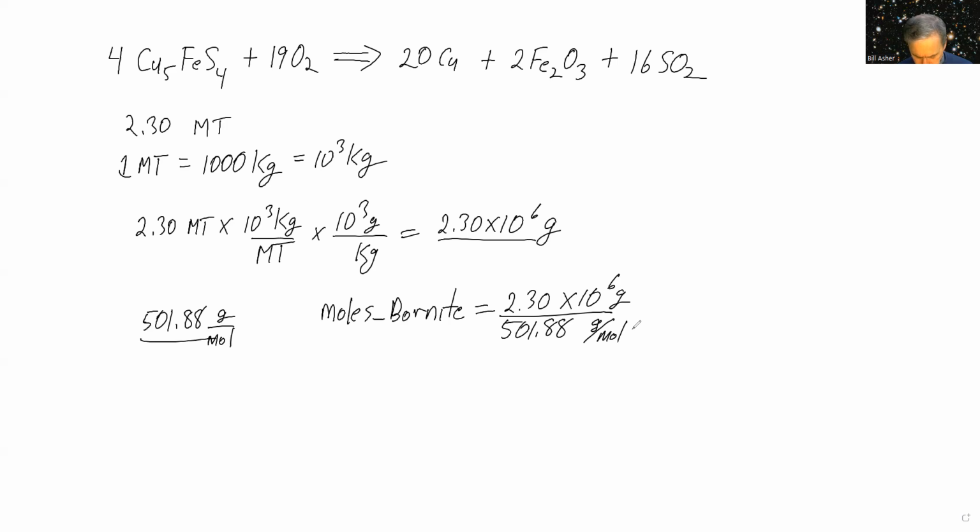And that comes out to be 4.58 times 10 to the third moles of Bornite. We'll call it B, right?